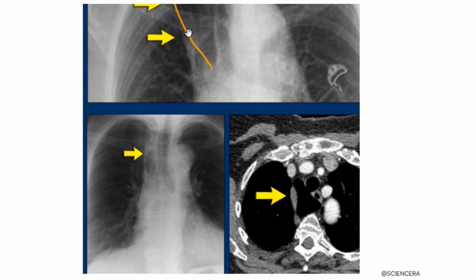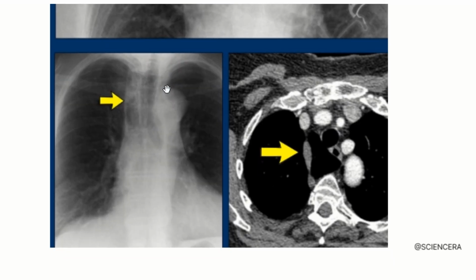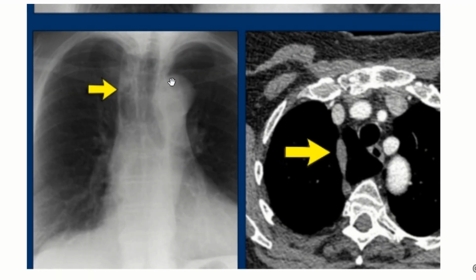Now we focus on the bottom images. This is the X-ray film of a new patient, and we can see the azygous lobe again, and we can say that this is the normal variation as we discussed earlier.